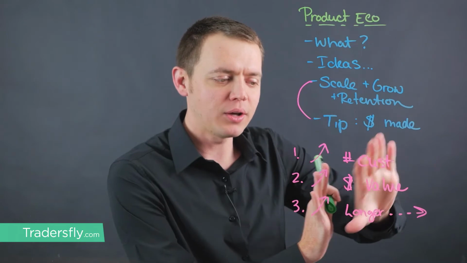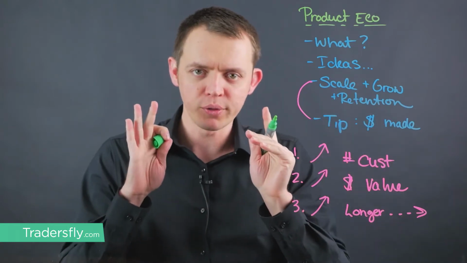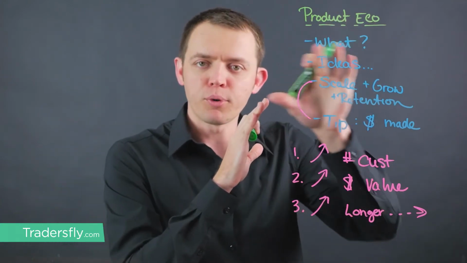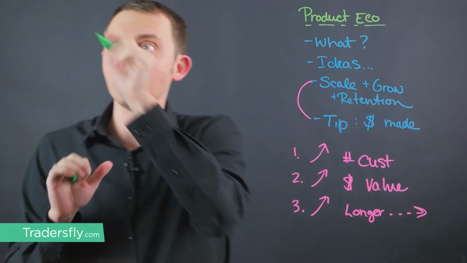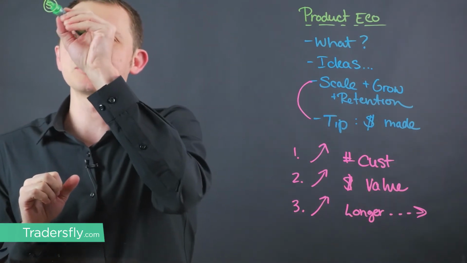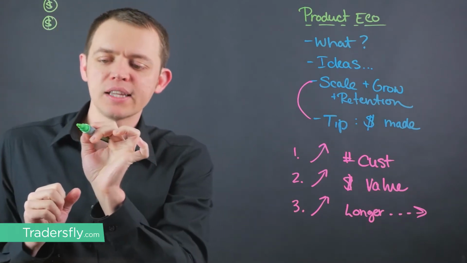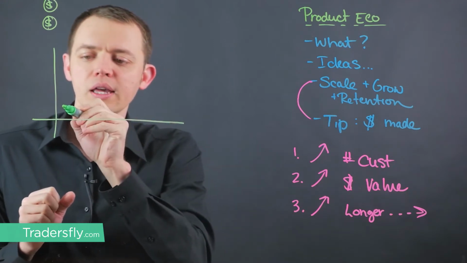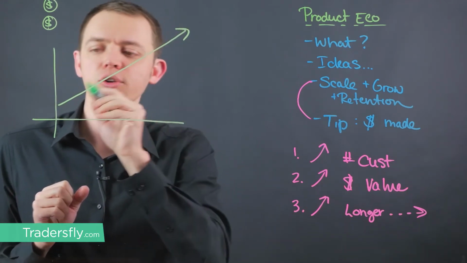But when I think about increasing the product value of scale and growth, this is what most people don't think about, is they have this product suite. If we look at our product ecosystem, their product suite is all, let's say, ebooks. So if you're selling ebooks, well, the price is all the same level. Instead, what you want your product ecosystem to really do is the cost of these products should slowly continue to grow with time.